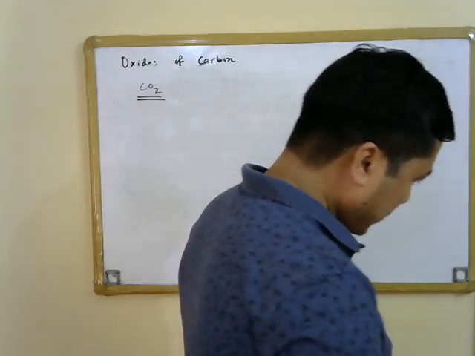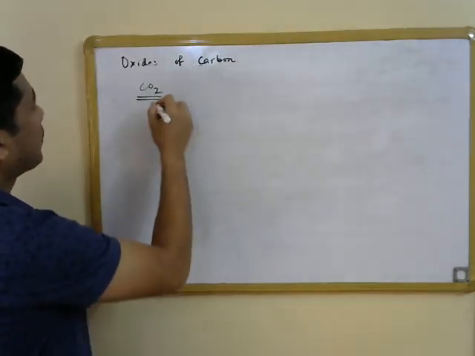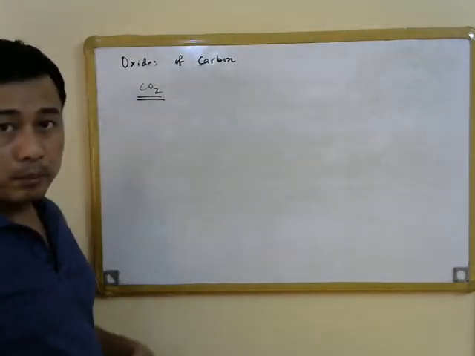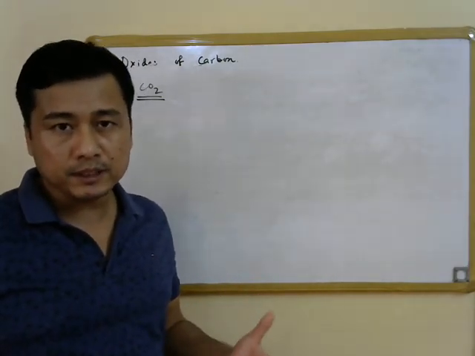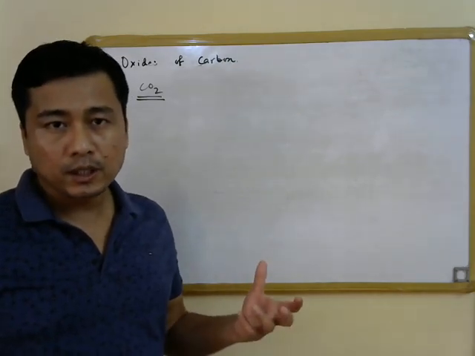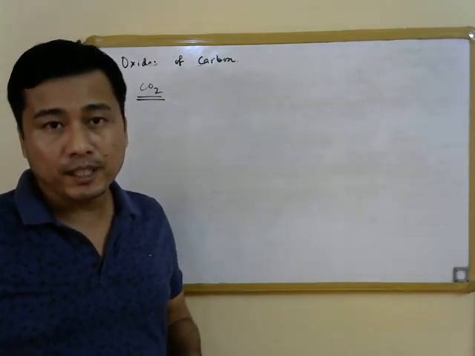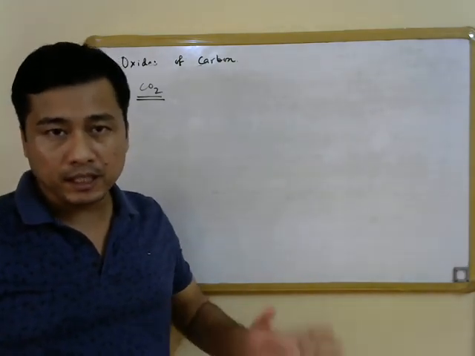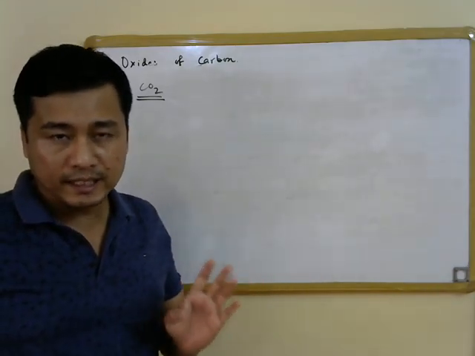The carbon dioxide is industrially prepared as a byproduct during the production of hydrogen gas, which is again industrially produced for manufacturing of ammonia by the Haber's process. That is the reaction between nitrogen and hydrogen gives us ammonia, and for this purpose one needs hydrogen.